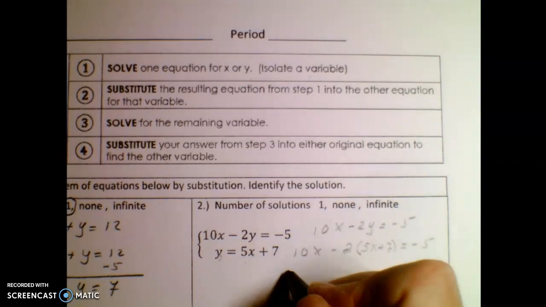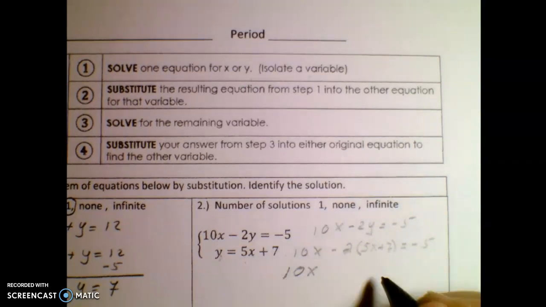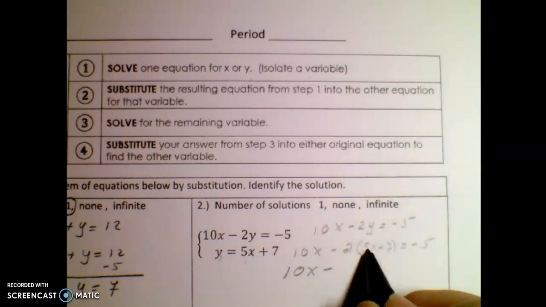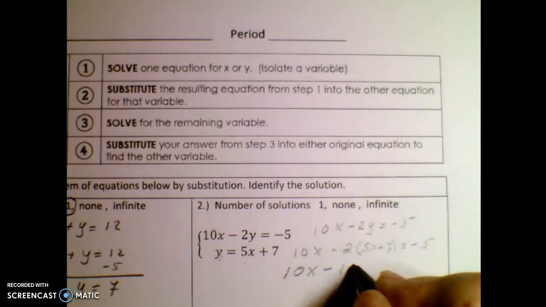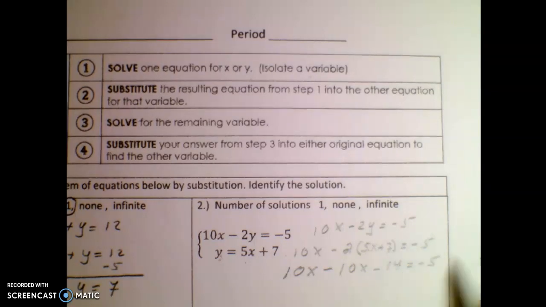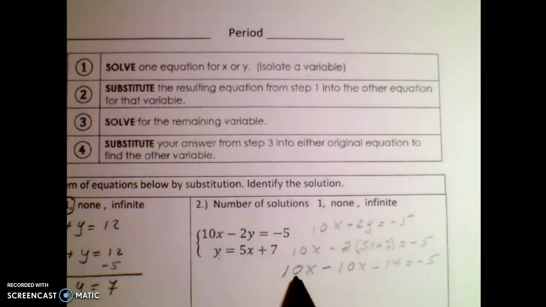We're going to bring down our 10x. We're going to distribute that 2. So negative 2 times 5x is negative 10x. Negative 2 times 7 is negative 14, equals negative 5. 10x minus 10x, well, that's 0.